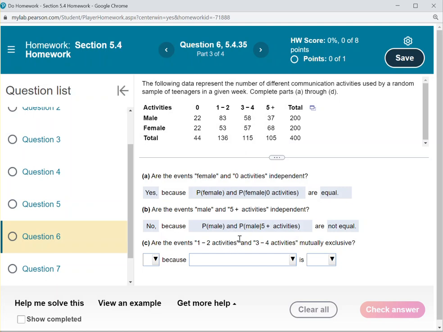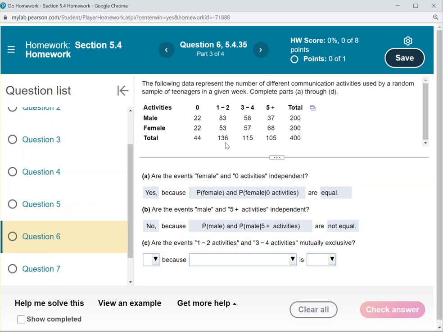All right. Are the events 1 to 2 activities and 3 to 4 activities mutually exclusive, or we would say disjoint? In other words, if you randomly choose one person among this group, is it possible that they did 1 to 2 activities and also 3 to 4? Well, no, there are 4 possibilities here, and there are no common outcomes.